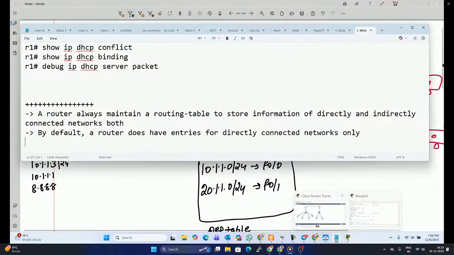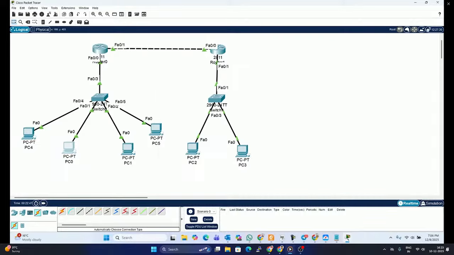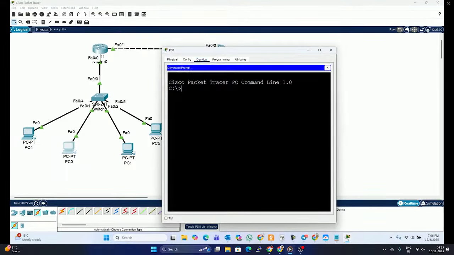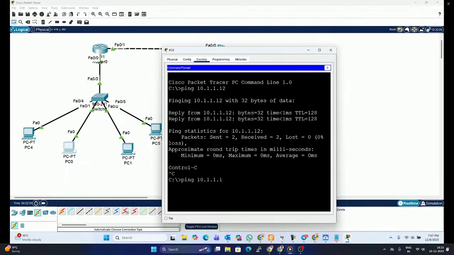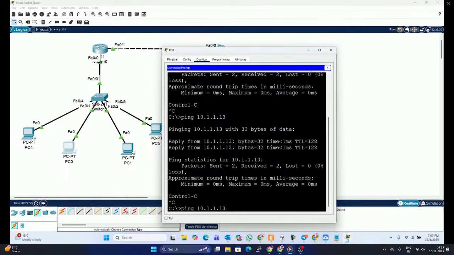In this case also, if we go to this host and ping 10.1.1.12, we are able to ping. 13, we are able to ping.